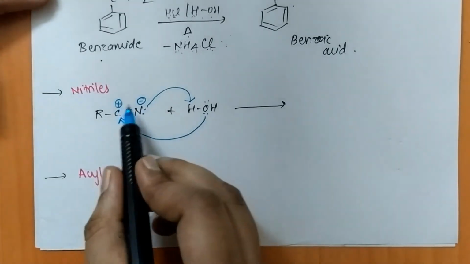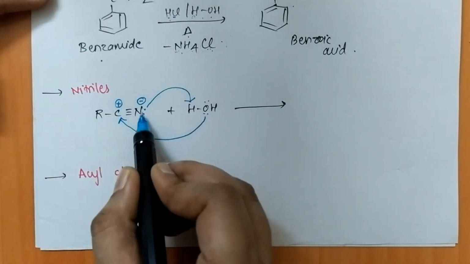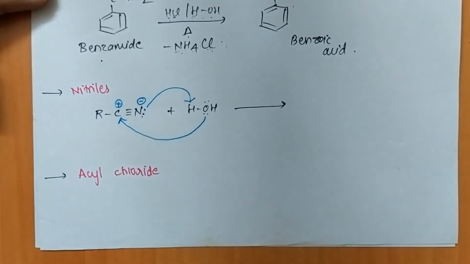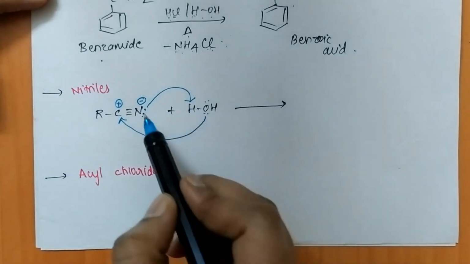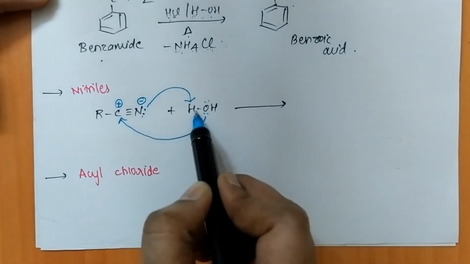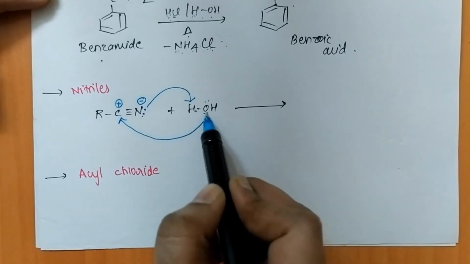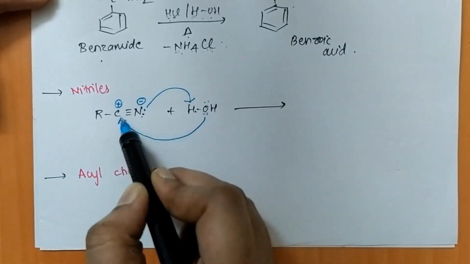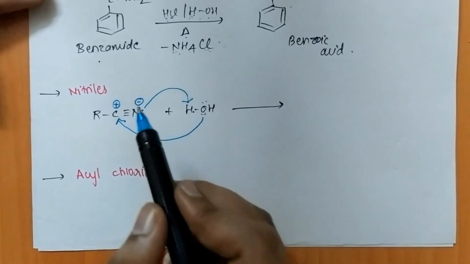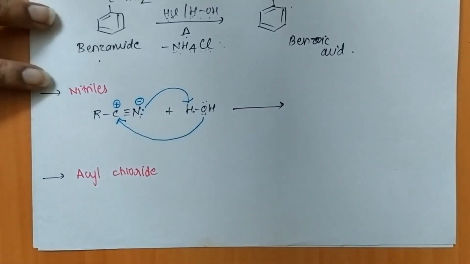I repeat, these lone pair of electrons present in the nitrogen atom are going to combine with the hydrogen atom of water, and the OH group of water is going to donate its electron towards the carbon atom. And ultimately we are going to get an imine.